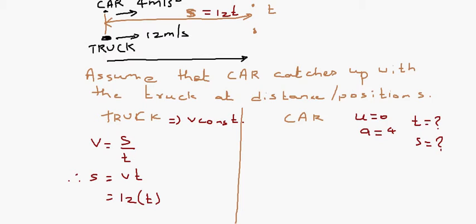Now, if we use the equation s is equal to ut plus half a t squared, that is the second kinematic equation, the initial velocity is 0, so this quantity is going to be 0.